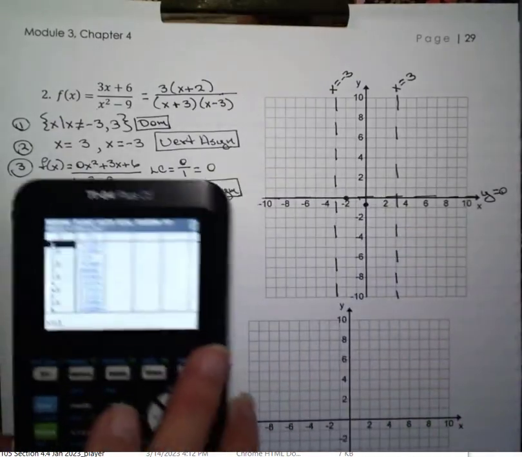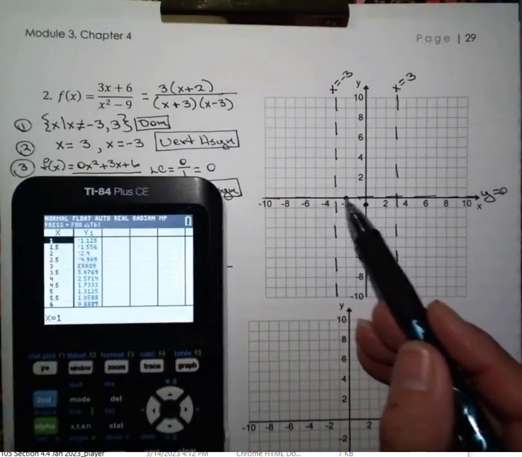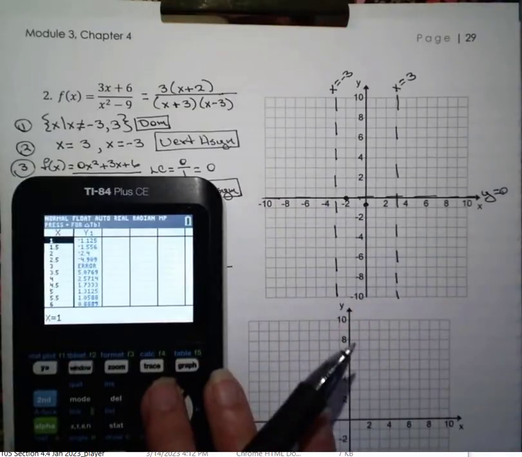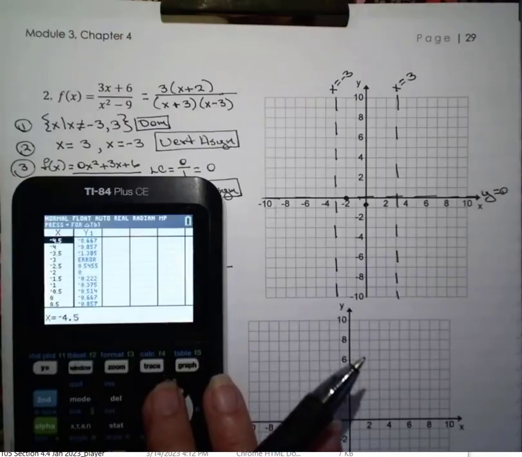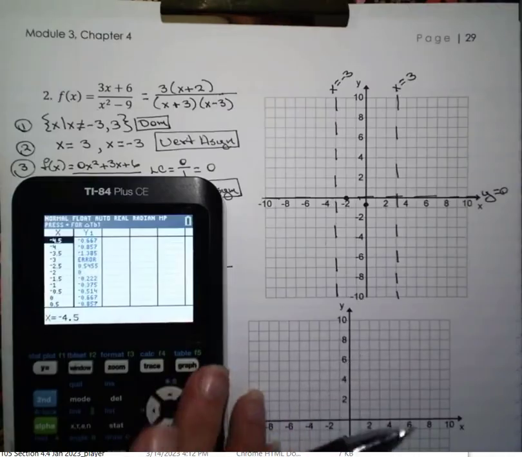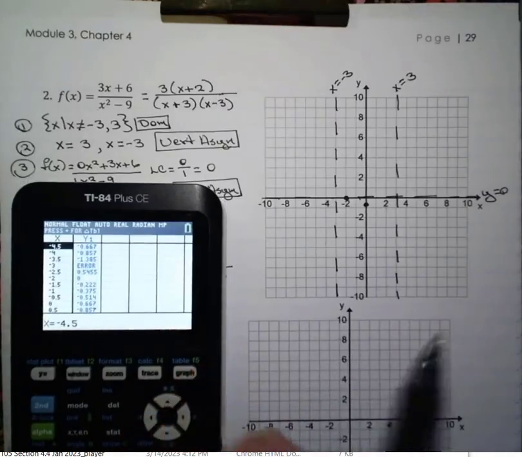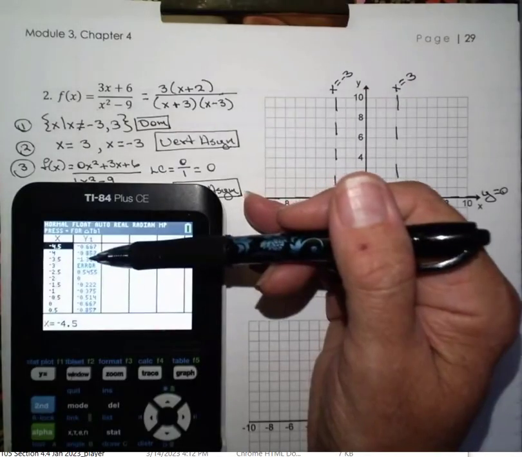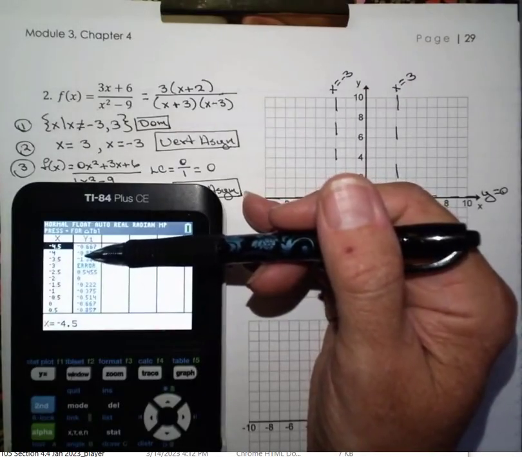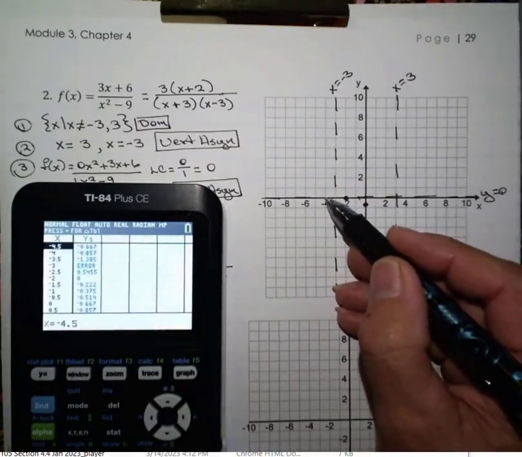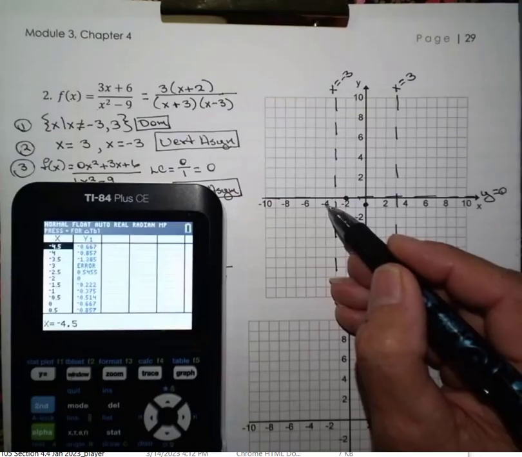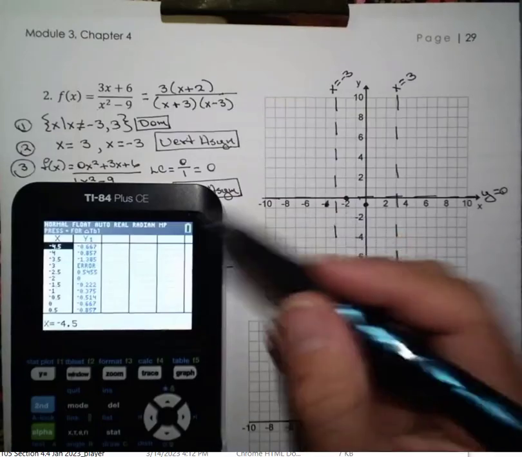But if I want to come over here to where x is less than -3, so I'm going to say if x is -4, I've got a y value of -8.6. So when x is -4, my y value is going to be right around here, close to 1. I can put a point there.